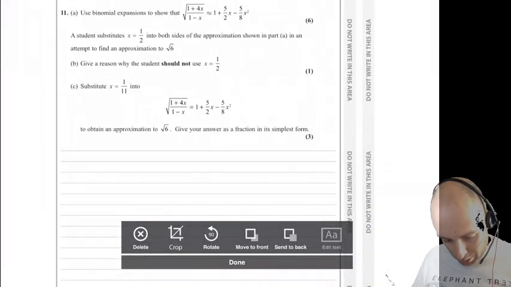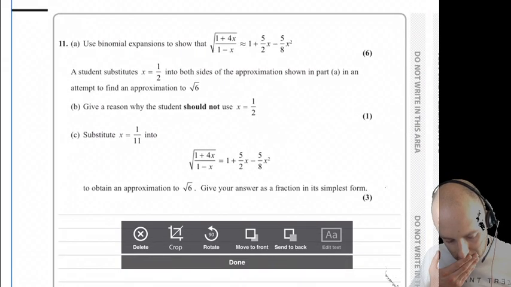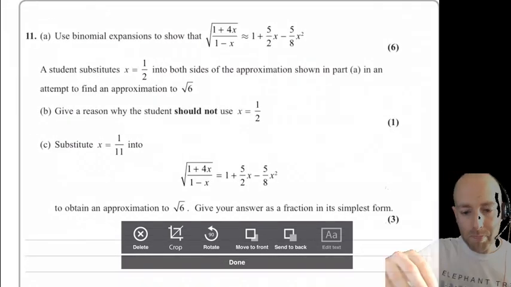Right, we've got a binomial question. It's a 10 mark binomial question. See how you get on.